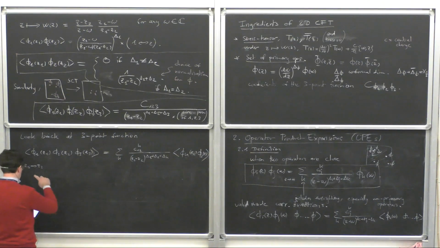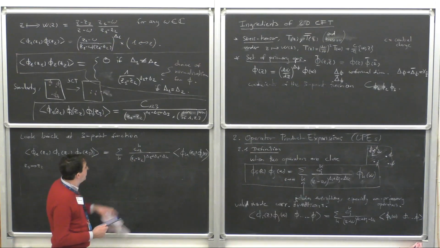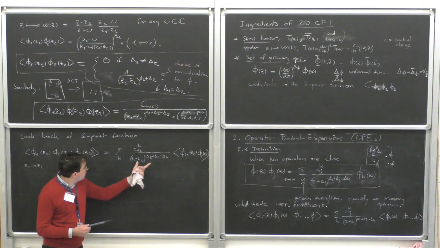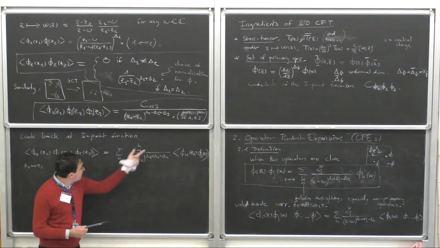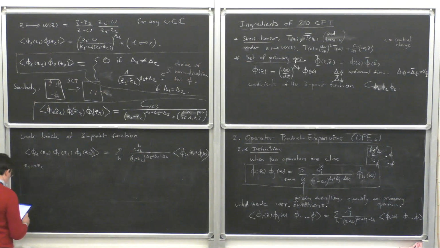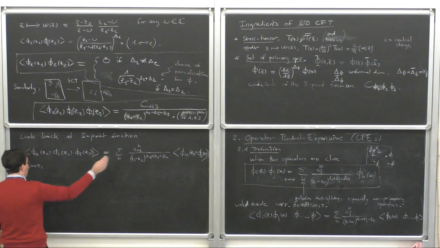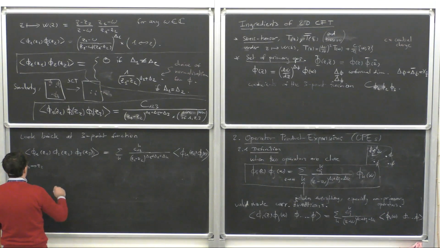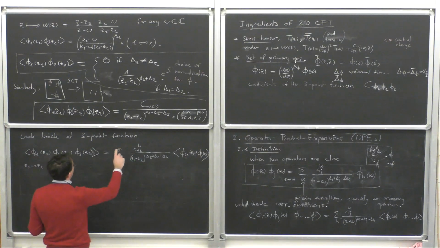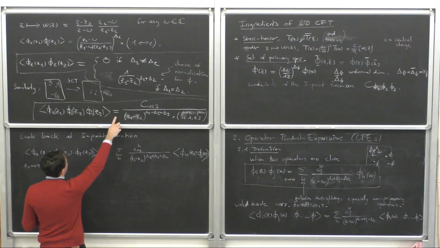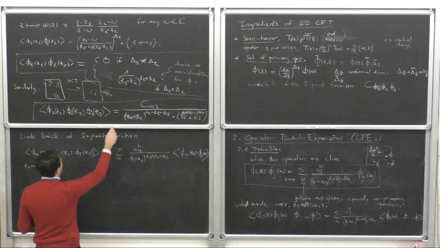Alright, so now we send z_1 to z_2, and there's one term that blows up faster than all the other ones, and this is the one with the smallest possible delta_k. On the other hand, the result should be equal to this in the limit where z_1 goes to z_2.